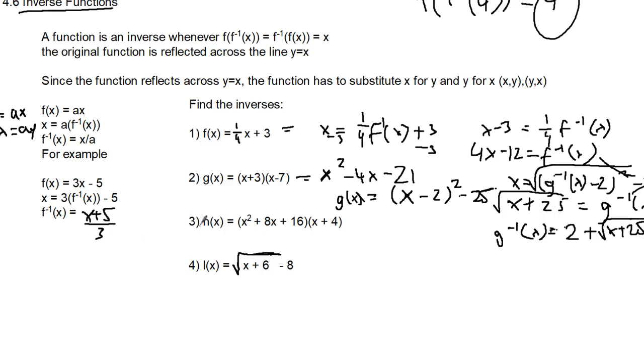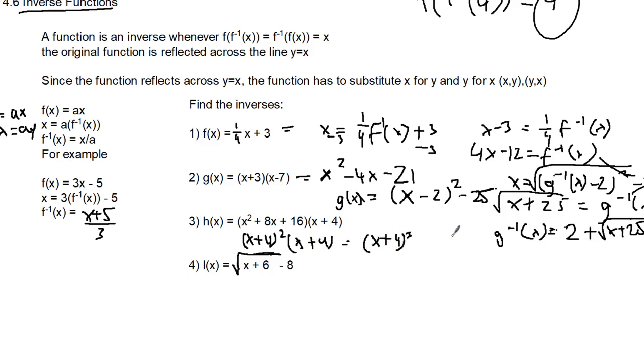Next, h of x is equal to x squared plus 8x plus 16 times x plus 4. What's the solution? If you look closely, x squared plus 8x plus 16 is also equal to x plus 4 squared. If you complete the square, it will be equal to x plus 4 squared, which makes it really good because now we can multiply it by x plus 4, which will give us x plus 4 to the third power.